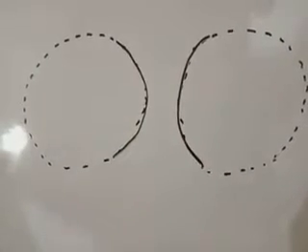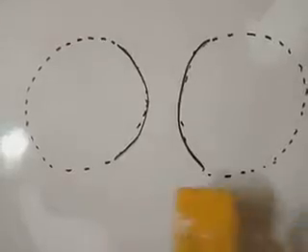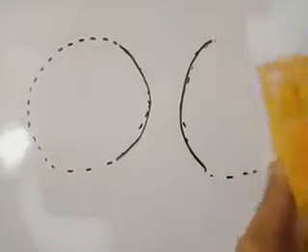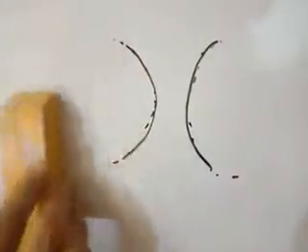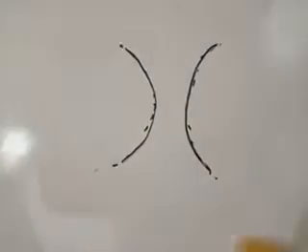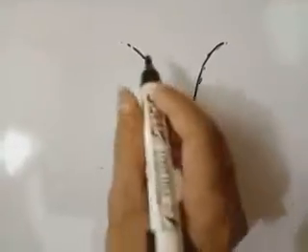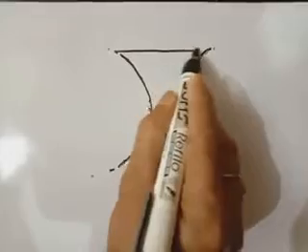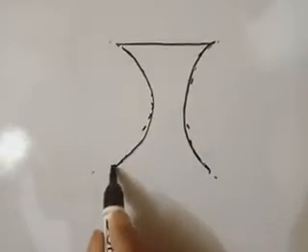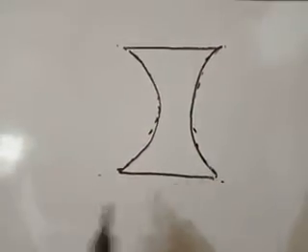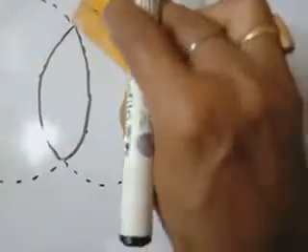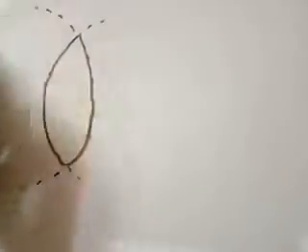Now you see this common portion which does not overlap. When this portion is included, it forms a lens, and this lens is known as a concave lens. On the other hand, when this common portion is made up, this is known as a convex lens.